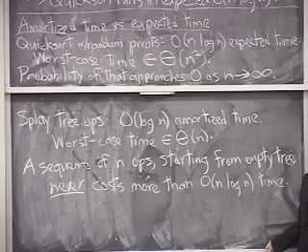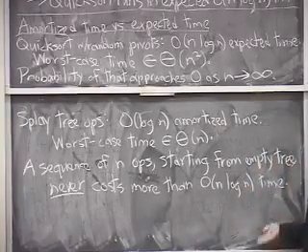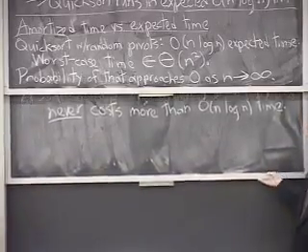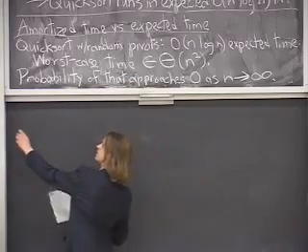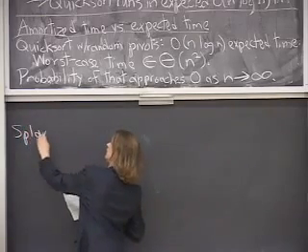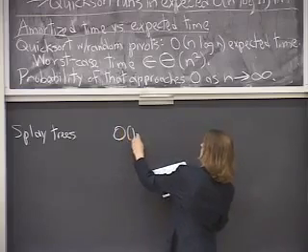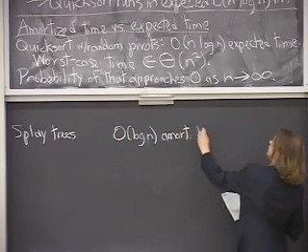So let me review the 5 data structures we've learned that use these two concepts and what the amortized or expected times are. So we have splay trees, which take big O of log n amortized time per operation.